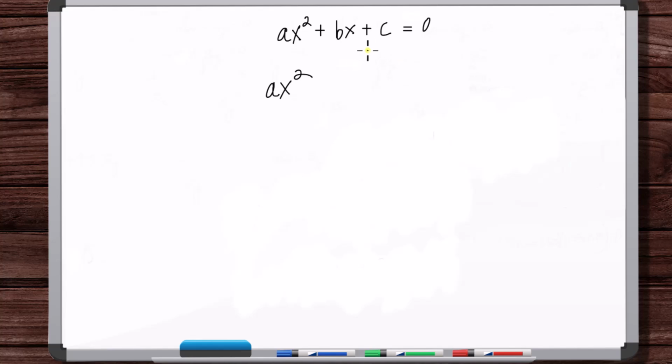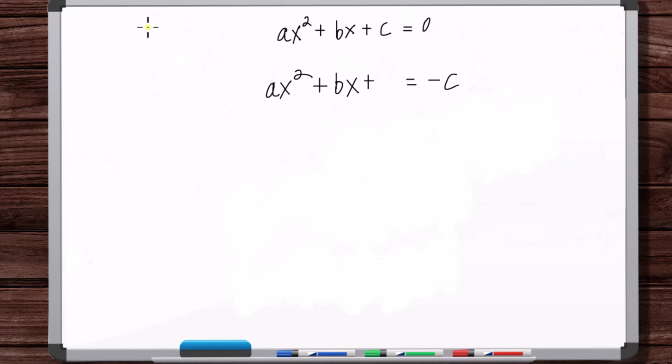We're going to honor this original form, ax squared plus bx plus c, which allows for a, b, and c to be negative. So ax squared plus bx, if we subtract c from both sides, we get 0 minus c over here. Now we need to create a perfect square trinomial.